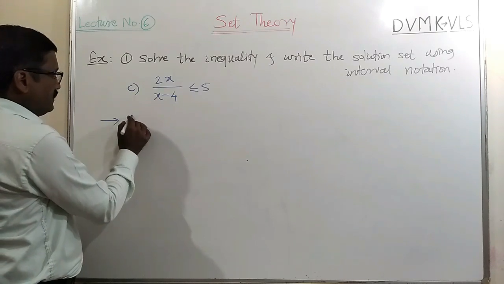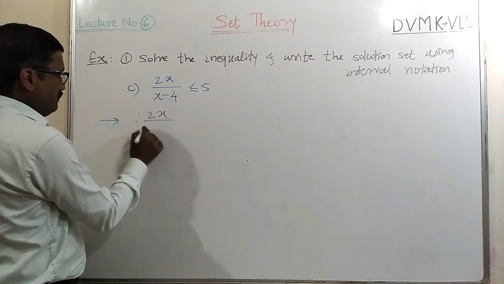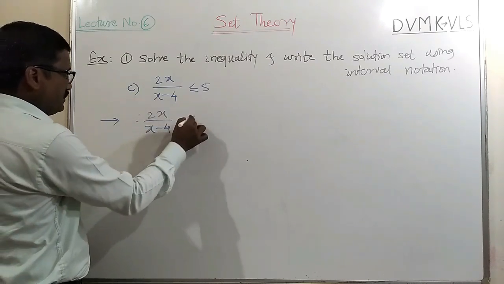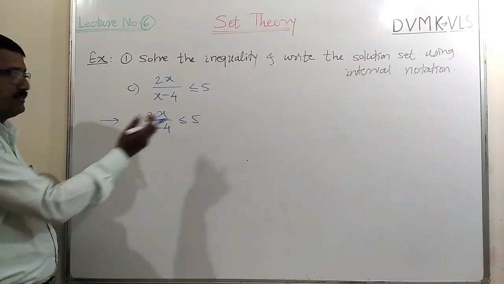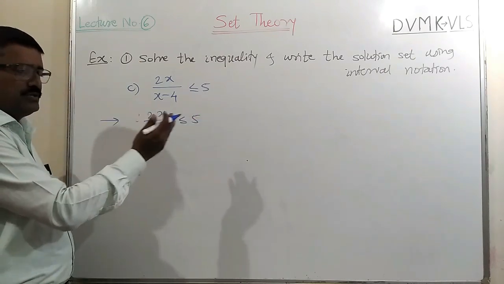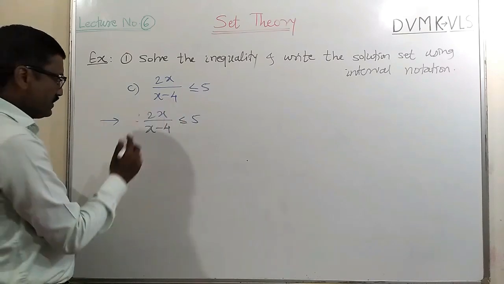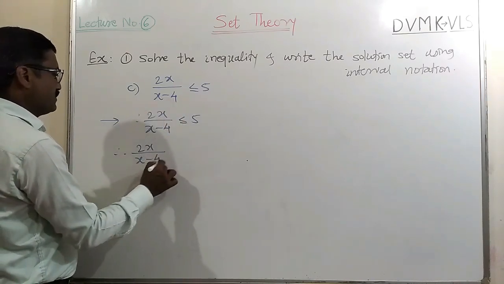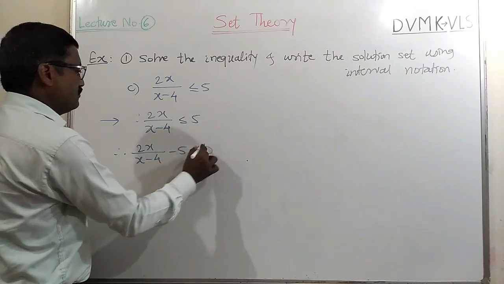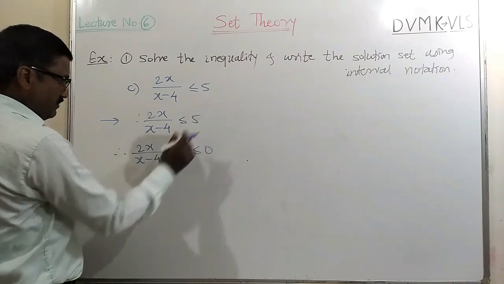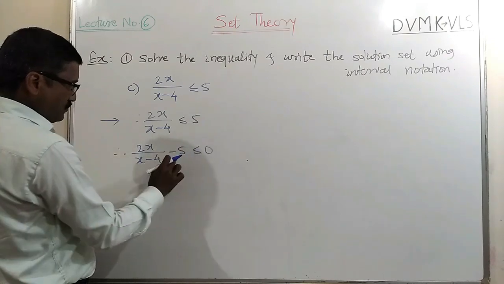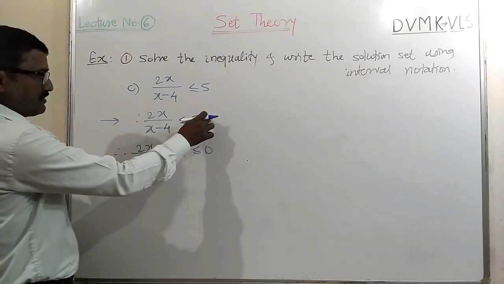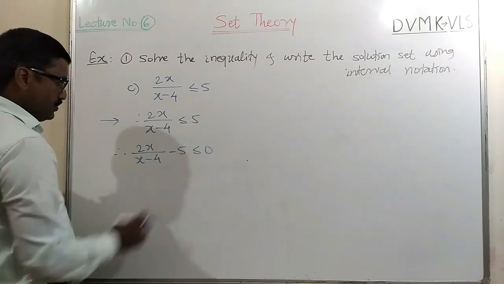So what to do here, since 2x upon x minus 4 is less than or equal to 5, take this 5 to the left, because 5 is known, it is positive. We can subtract 5 from both sides, therefore we get 2x upon x minus 4 minus 5 is less than or equal to 0, as we have subtracted 5 from both sides. From the right side, if we subtract 5 we get 0.